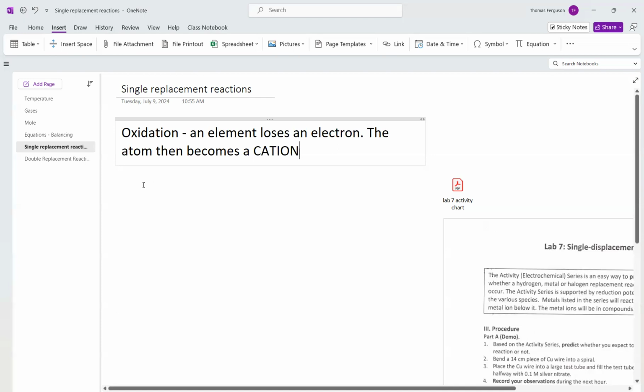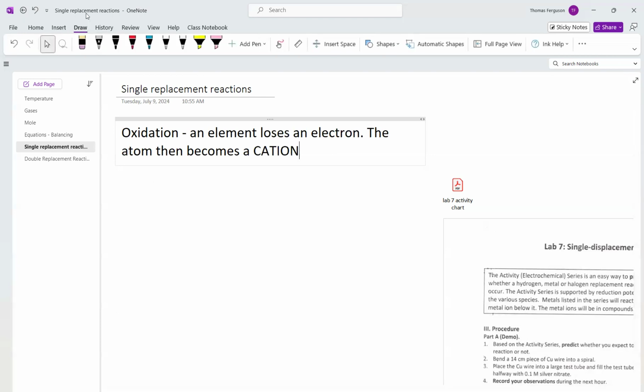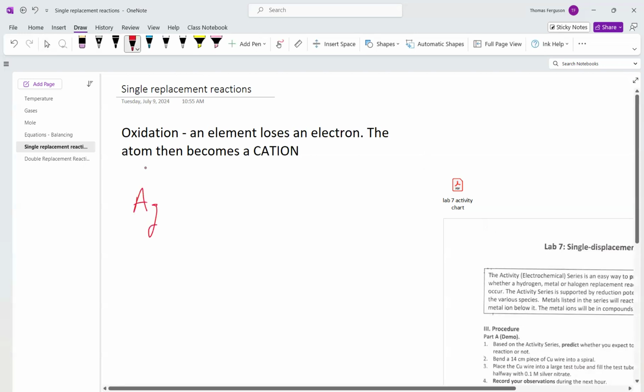So if we were looking at something like silver, and put a little zero at the top to indicate it's a metal. Some instructors do that. Some textbooks do that. Some don't. I always do. So you know for sure it's an element.